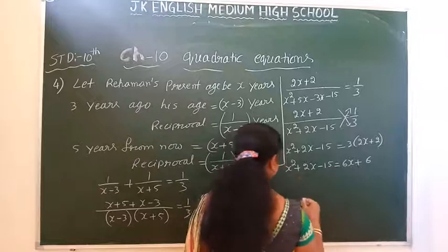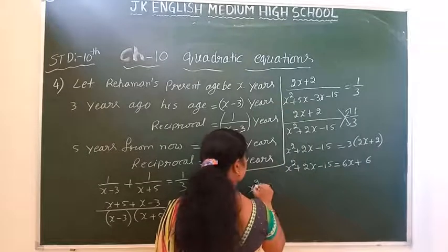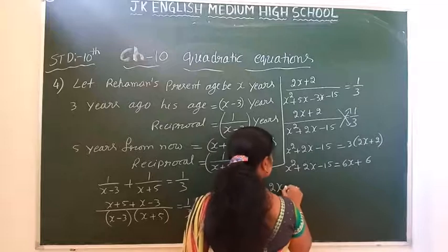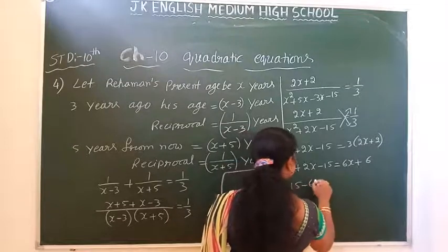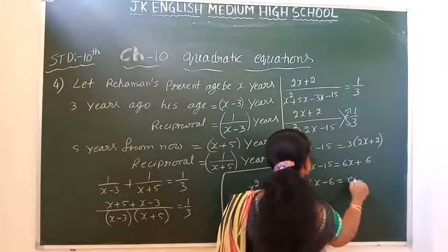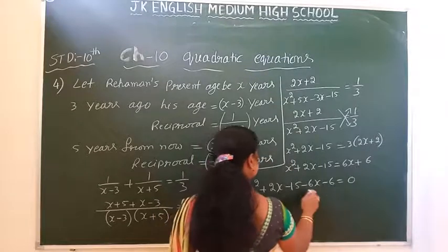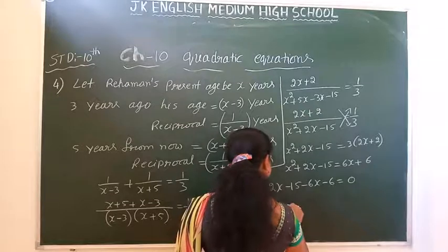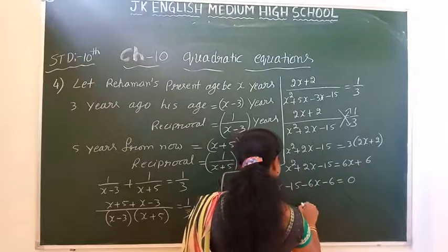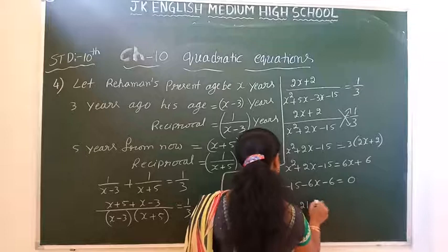Then take all the terms to one side. x square plus 2x minus 15 minus 6x minus 6 is equal to 0. So x square, 2x minus 6x is minus 4x, minus 15 minus 6 is minus 21. This is equal to 0.